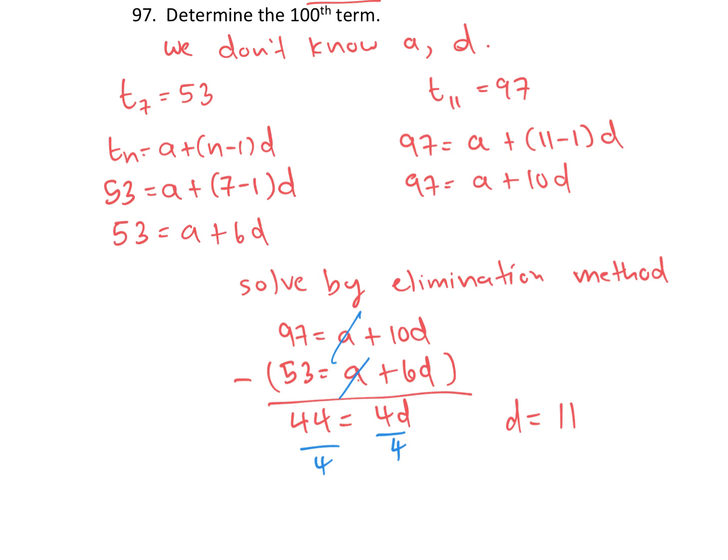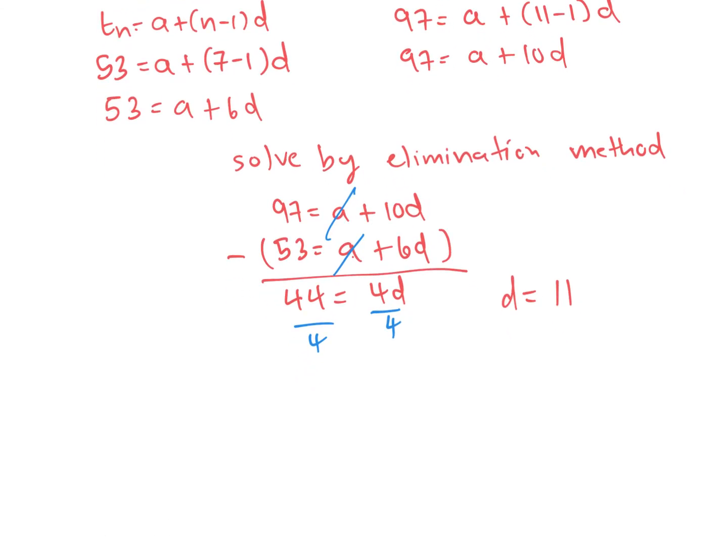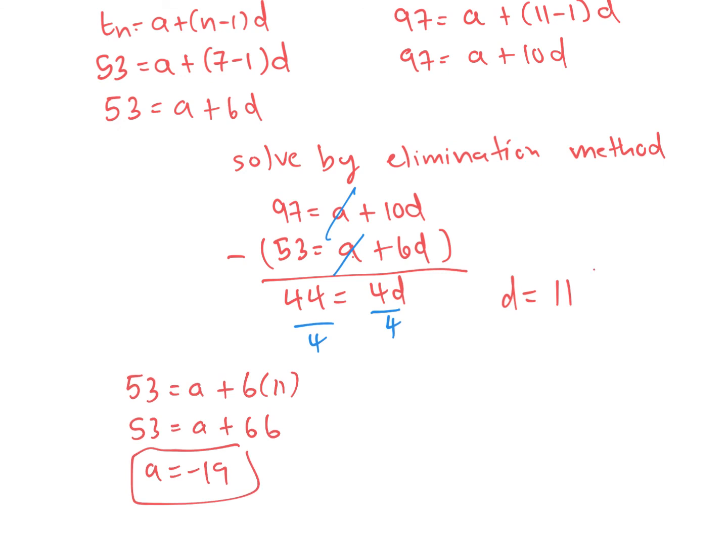Once we know the difference, we can go back and find A using either equation. Doesn't really matter which one. And so A is going to work out to be -19. So once we know A and we know D, we can write the general term. So the first term is -19.